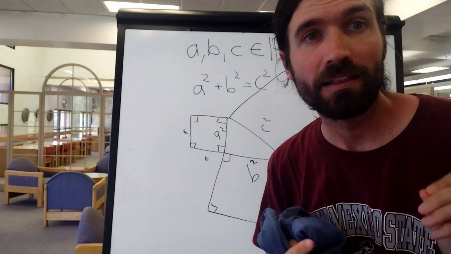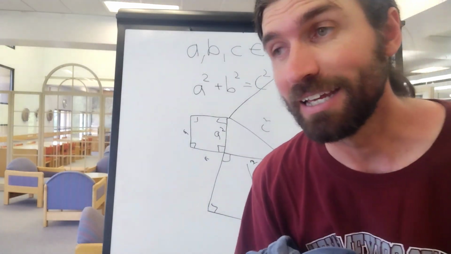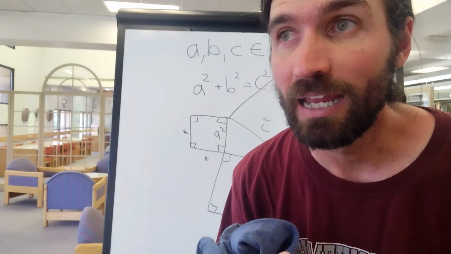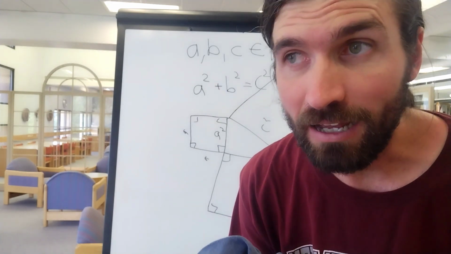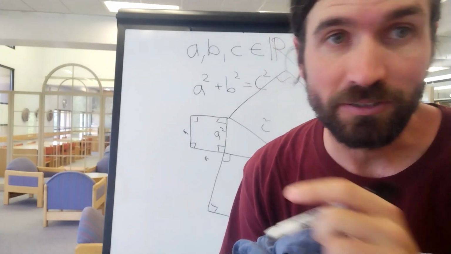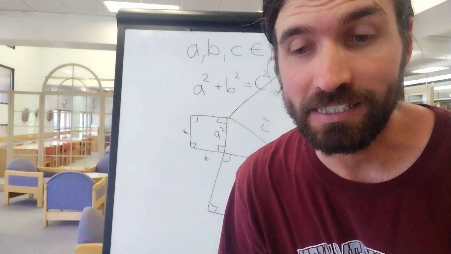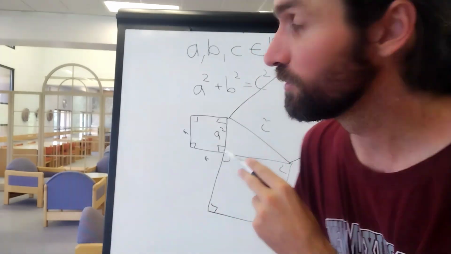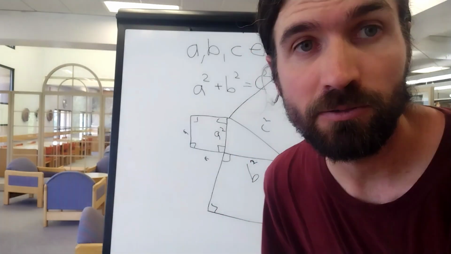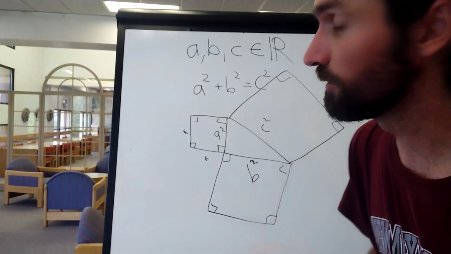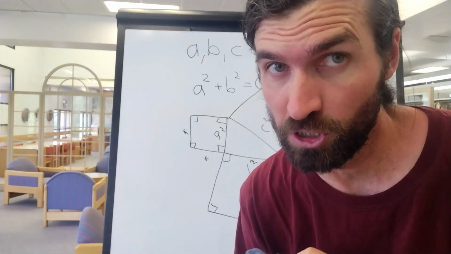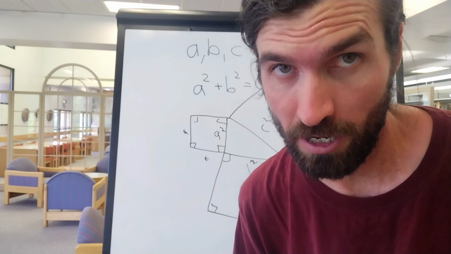Okay, and this is a point where I suggest you can pause the video and see if you can do some cutouts, or see if you can start slicing it up in your head and see if you can figure out how those two squares, a squared plus b squared, actually fit into c squared, because that's exactly what we're just about to do. So get ready.